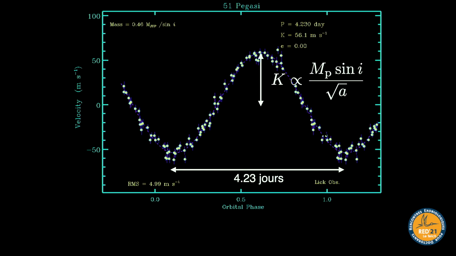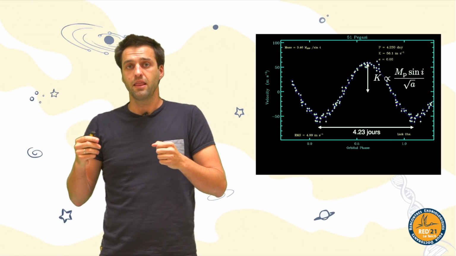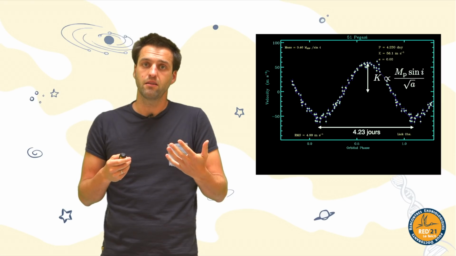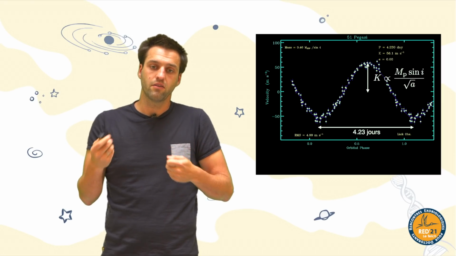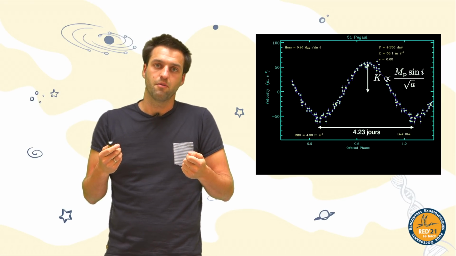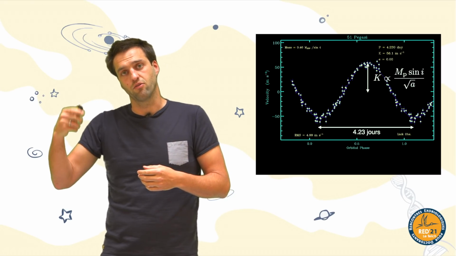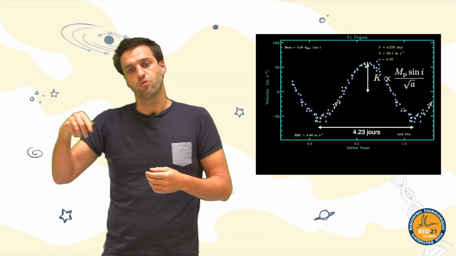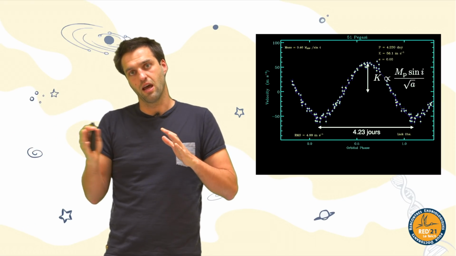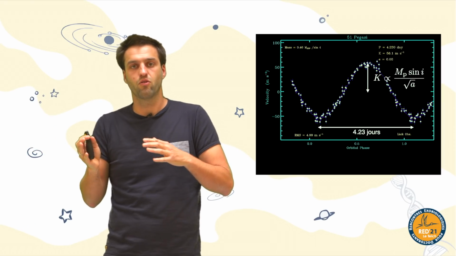And when you see that, it means that you have a planet that is orbiting its star every 4.2 days about. It doesn't have to be much greater than Jupiter, because as you see, the semi-amplitude is proportional to the mass of the planet, but also inversely proportional to the distance at which the planet is from the star.